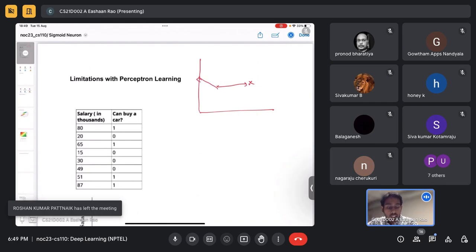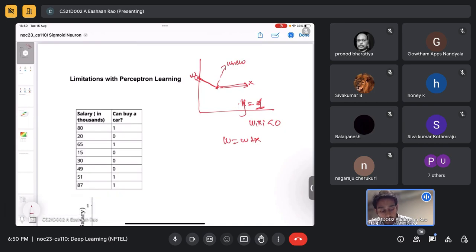Now I have a vector x which should belong to class 1, but its wi xi value is less than 0. That means I have to update the vector, right? So I will do w equal to w plus x, a vector addition like this, and somewhere here my w new will come.